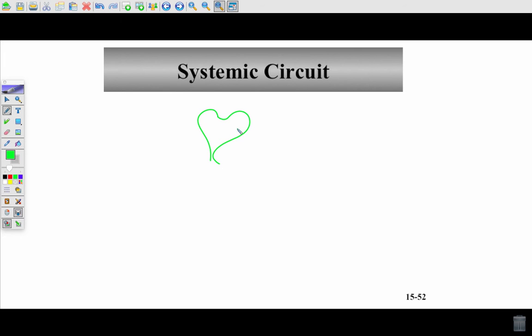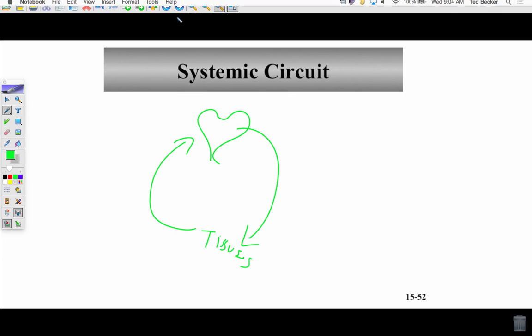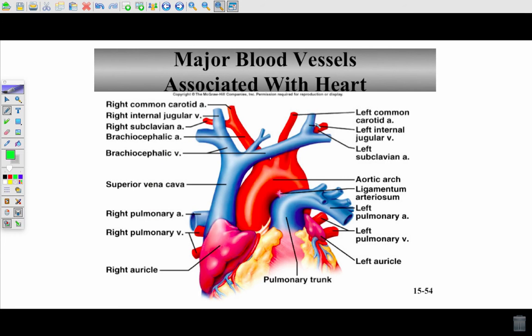The systemic circuit is just, here's my heart, goes from the heart out to the tissues of the body, and then back to the heart. We've already talked about that. It's really just the aorta and all of its branches.